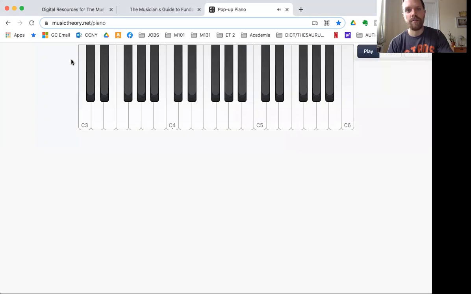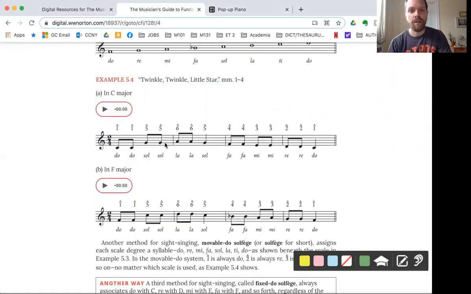Twinkle, twinkle, little star, how I wonder what you are. If I were to sing it with numbers: 1 1 5 5 6 6 5 4 4 3 3 2 2 1. These syllables may be useful to you, but focus more on the numbers.